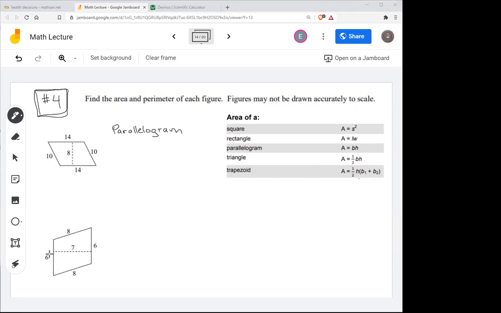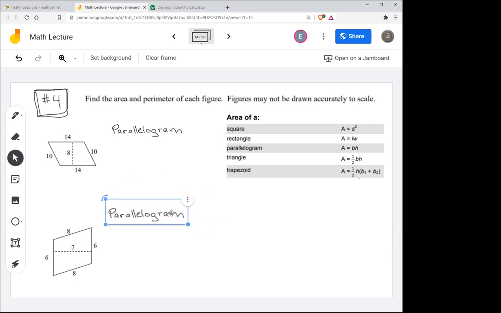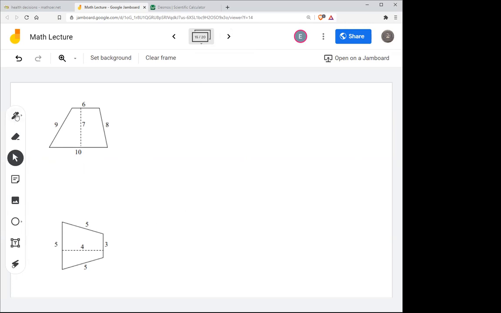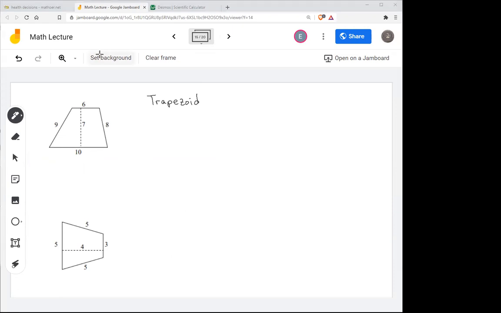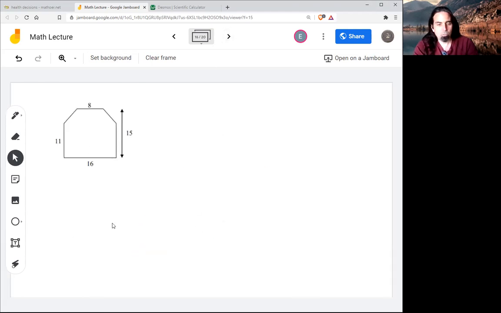I'm going to be lazy and just copy and paste. Okay, third one. Trapezoid. Fourth one. Same thing. And the last one isn't really any of this. We have to break it apart.